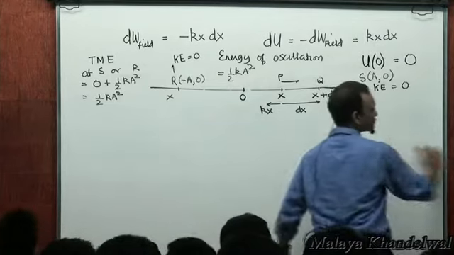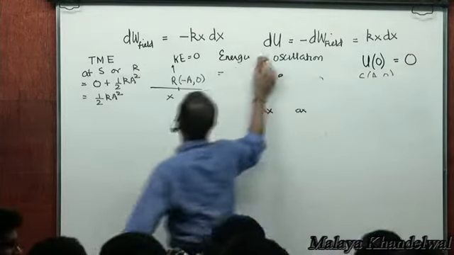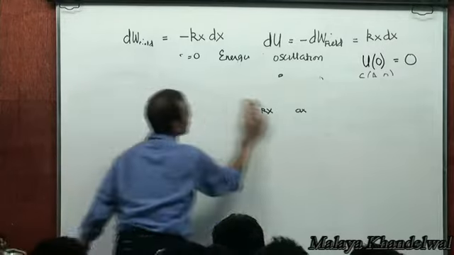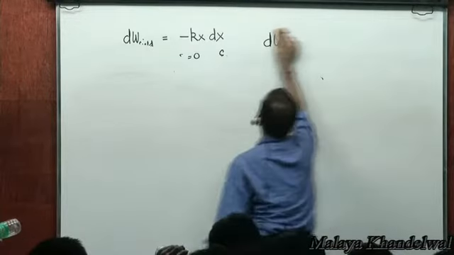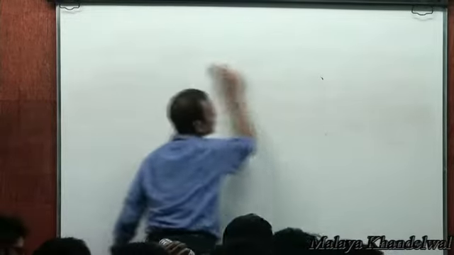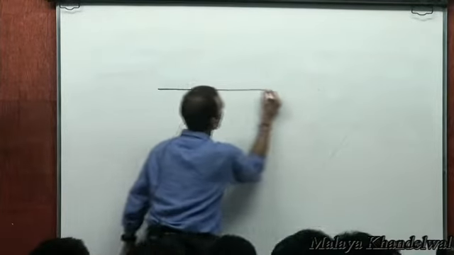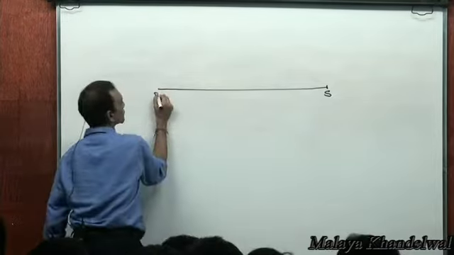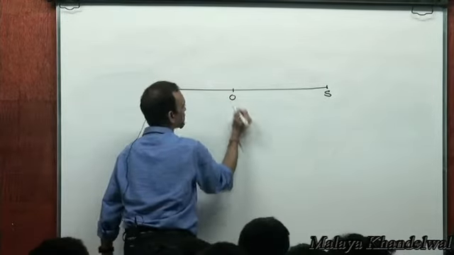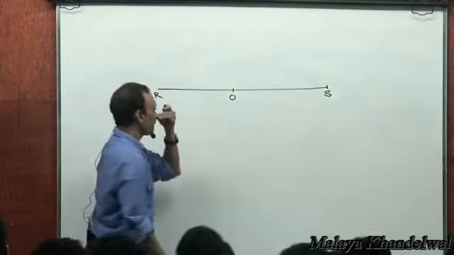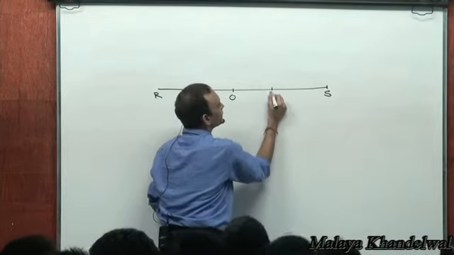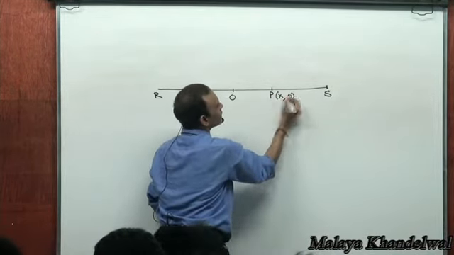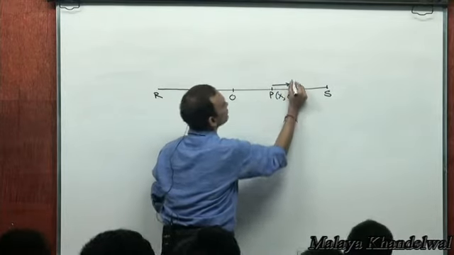Now, at some point P, x0, let's say the speed of the particle was v.